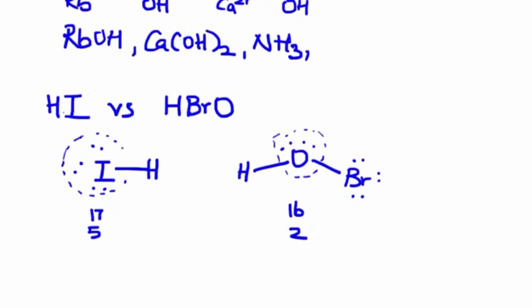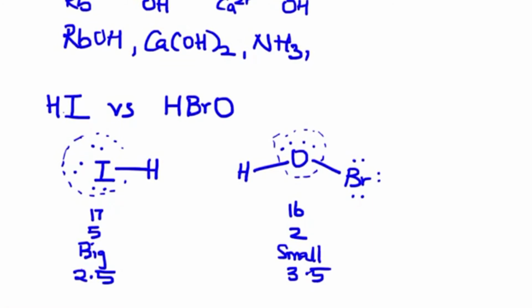So once the size is bigger, and also looking at the electronegativity of iodine, which is 2.5 versus that of oxygen, which is 3.5. One other condition we need to take note of is the inductive effect on the hydrogen.